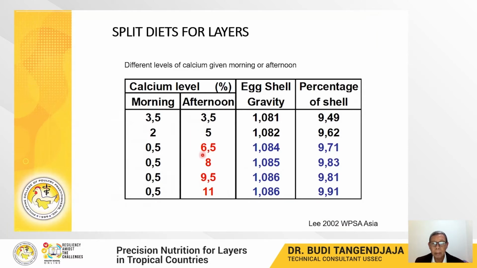With this system, it has been reported that the eggshell gravity will be higher, and the percentage of shell will also be higher. In the end, the quality of the eggshell will be better. So this is another option, but practicability has to be considered, because providing different feed in the morning and the afternoon will be difficult for the farmers.